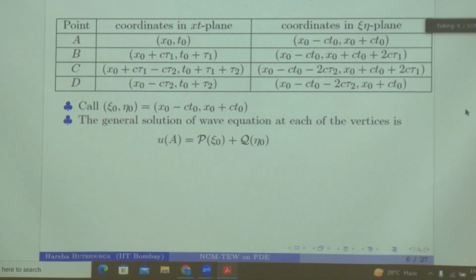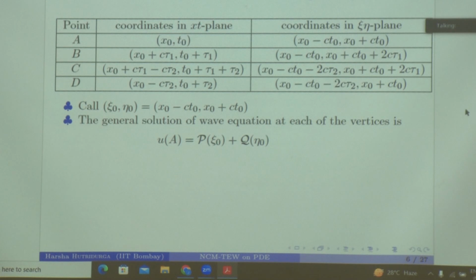So you are actually here, sorry. So C is here: psi naught minus 2c tau 2 comma eta naught plus 2c tau 1, and this point D, now we know that it is this times eta naught.